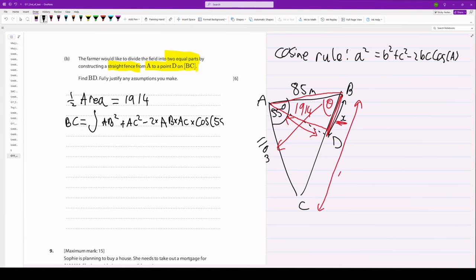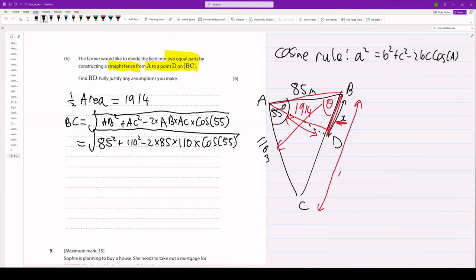Let's write that a bit better. There we go. So that is the square root of 85 squared plus 110 squared minus 2 times 85 multiplied by 110 multiplied by cos 55. And I'm very interested to see if the subtitles can keep up with me as well.